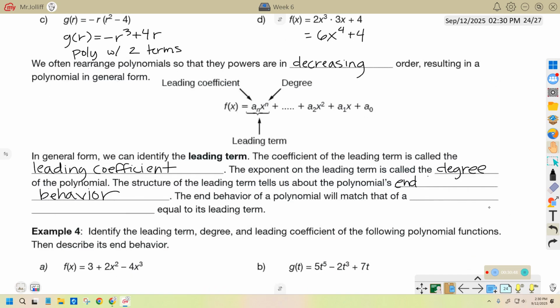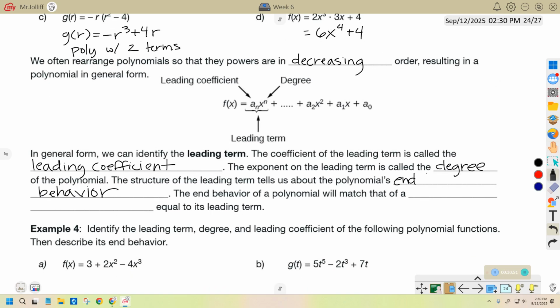The end behavior should match that of a power function that is equal to the polynomial's leading term. Meaning I can ignore the rest of the polynomial and just focus on y equals leading term. That power function tells me what the edges of the graph look like.